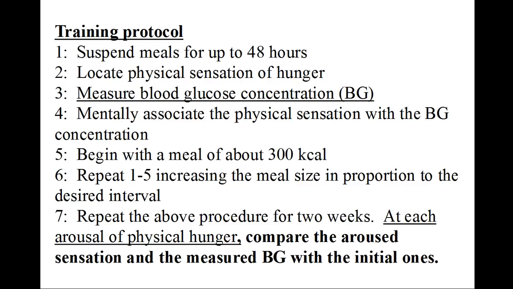Begin with a meal of about 300 kilocalories. 6. Repeat 1 to 5, increasing the meal size in proportion to the desired interval. 7. Repeat the above procedure for 2 weeks. At each arousal of physical hunger, compare the aroused sensation and the measured BG with the initial ones.